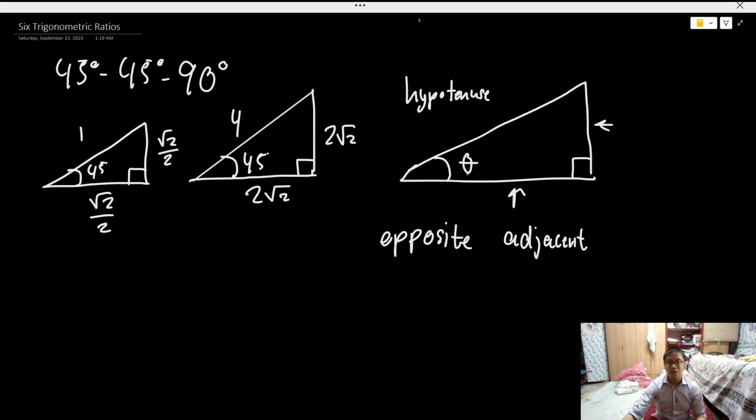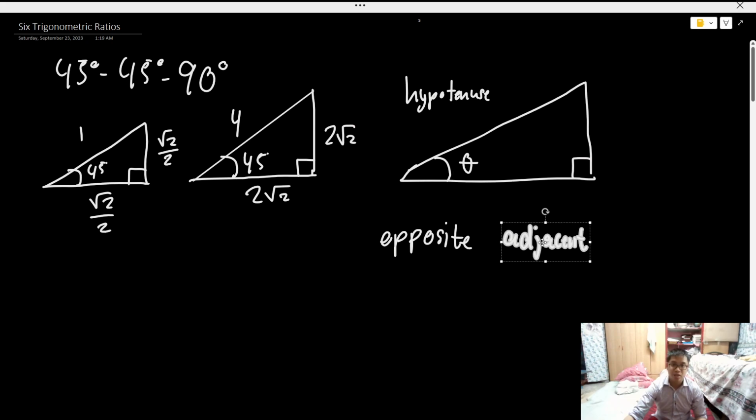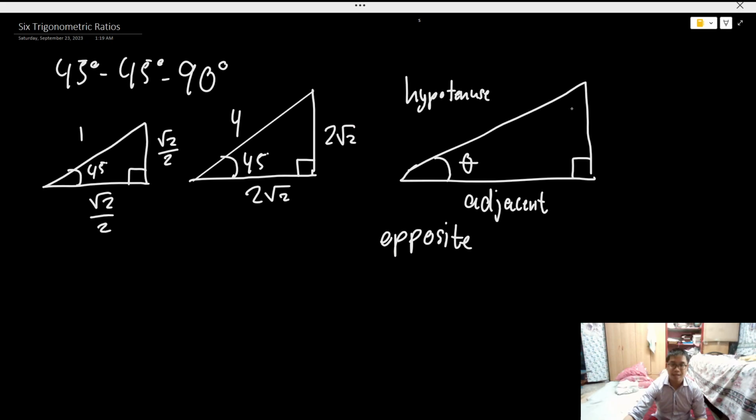So if we have an acute angle here, what will be the result? If the side has an angle beside it, like this one, the angle is beside this side, that side will be your adjacent. So this is your adjacent. Now, how about the side that is not beside this angle, which is this one?